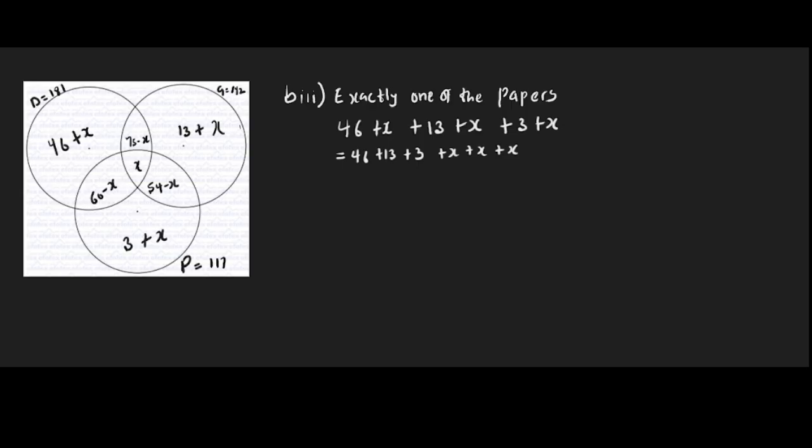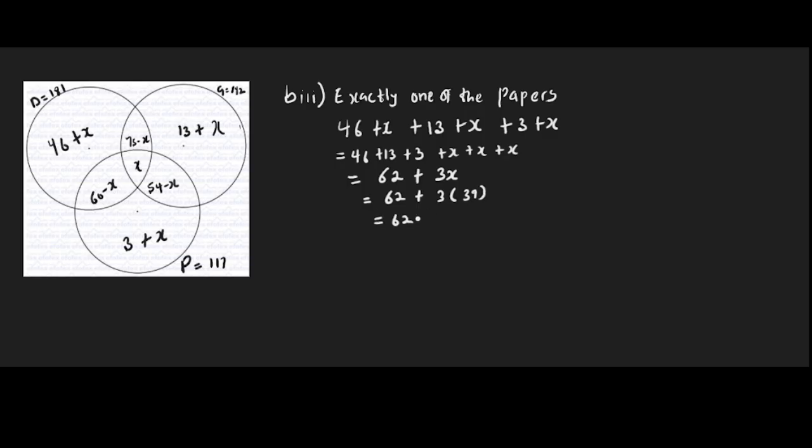So we have 46 plus 13 plus 3 plus x plus x plus x, which equals 62 plus 3x. Already we know that the value of x is 39.